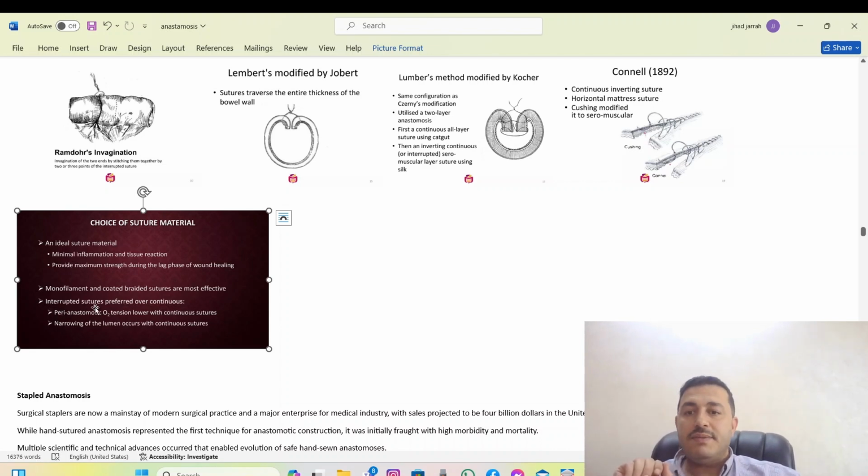Why? Interrupted suture is preferred over continuous because pre-anastomotic oxygen tension is lower with continuous. They mean that when we use continuous suturing, more strangulation will happen. Narrowing of the lumen occurs with continuous sutures.